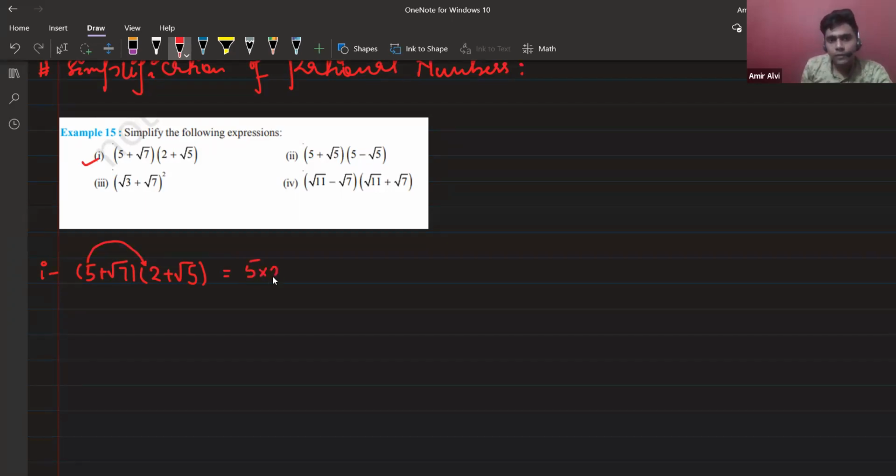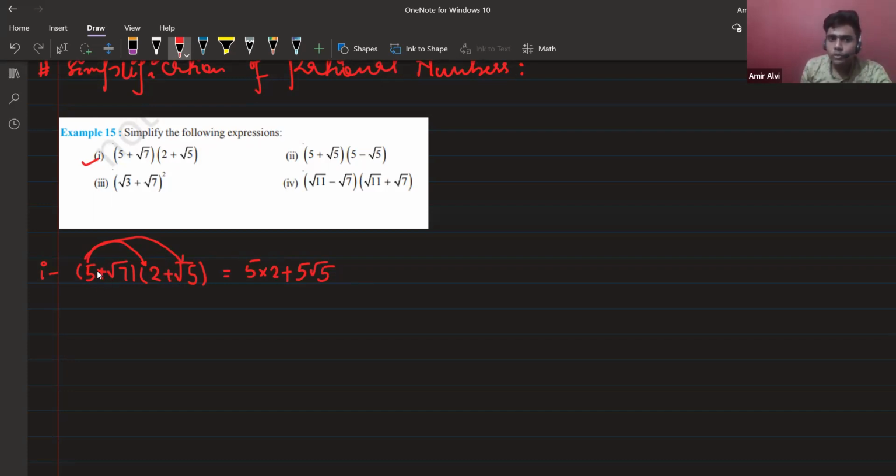Yes, 5 into 2, plus sign. We are multiplying this term with the whole bracket. Then we will multiply this 5 with root 5. Yes or no, Simrat? Yes.